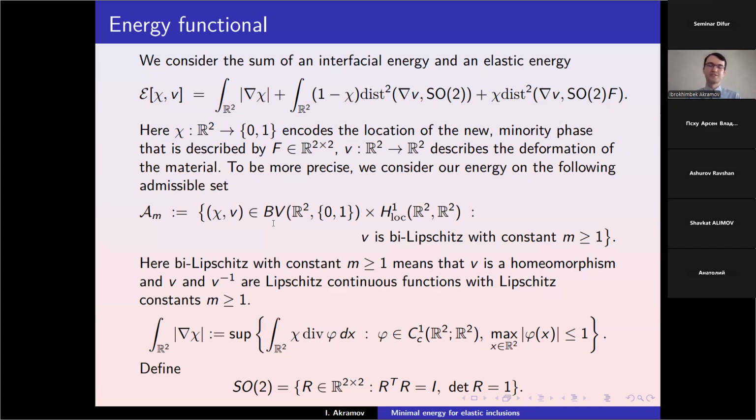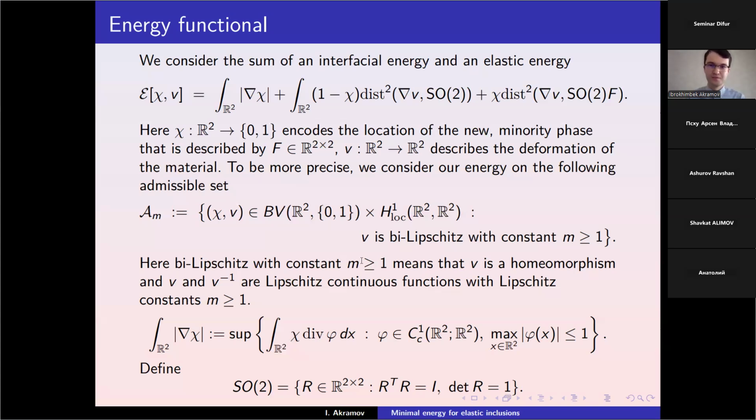You cannot give me an example of a function V which is bi-Lipschitz but not with a constant greater than 1, because every time you can change this constant to another. Okay, please continue.